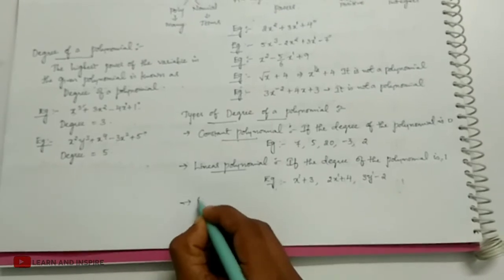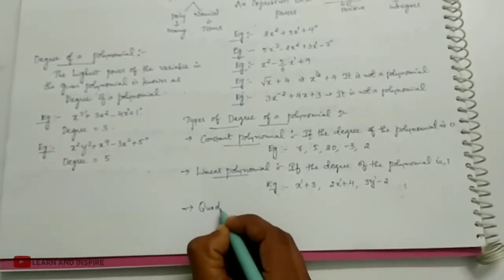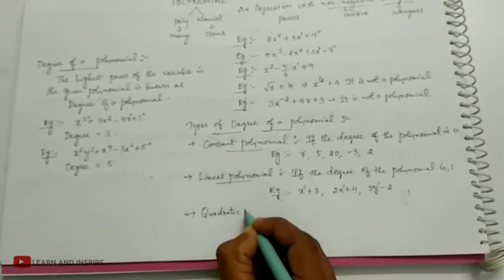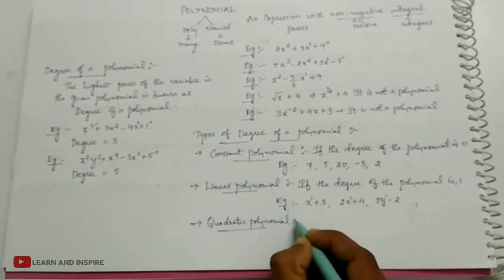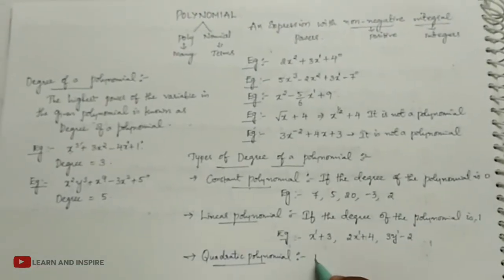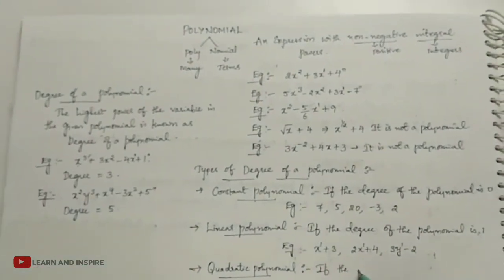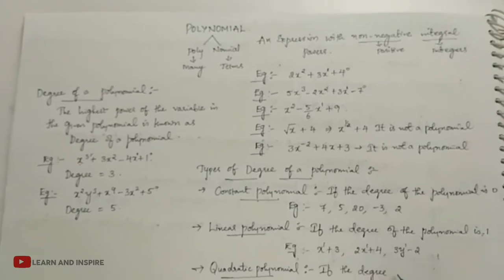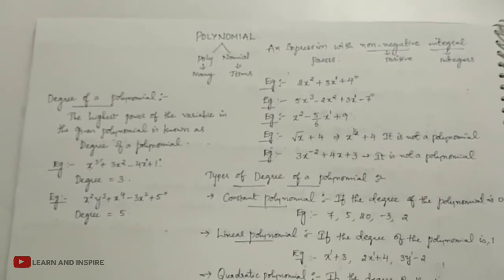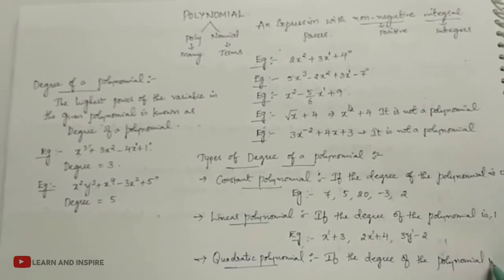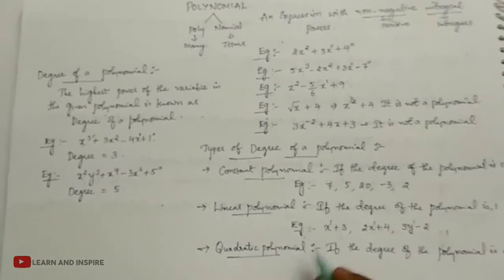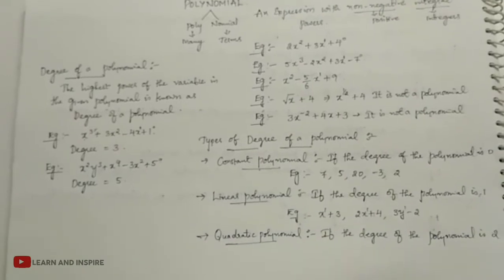So next one is quadratic polynomial. So what is this quadratic polynomial? If the degree of the polynomial is 2, then we say that it is a quadratic polynomial.